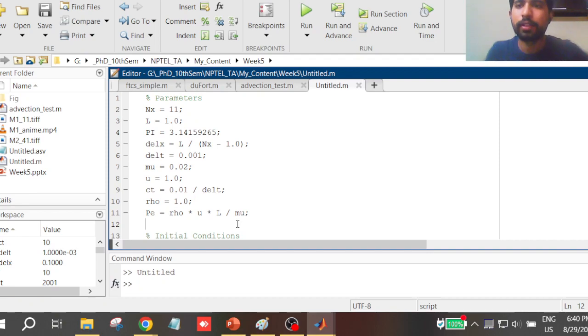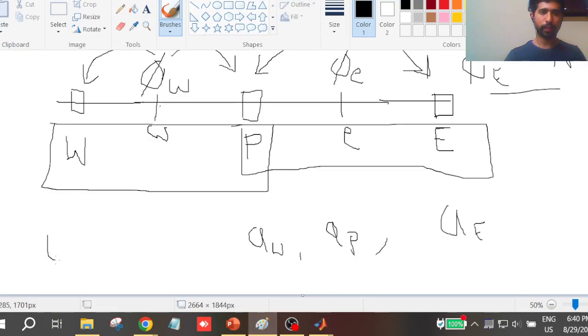When you have a very high velocity, what will happen? There, I think u was equal to 2.5 and the grid points were 5, N is equal to 5. This is a similar case, just with 1, and I have taken 11 grid points.